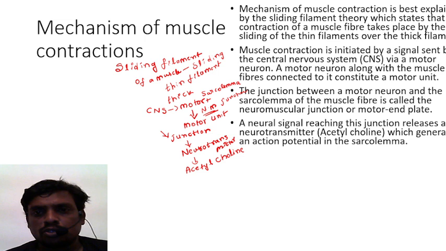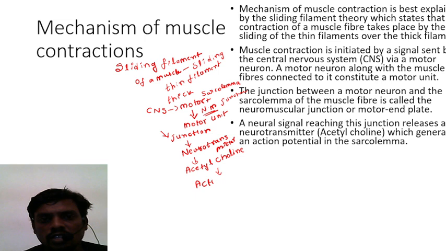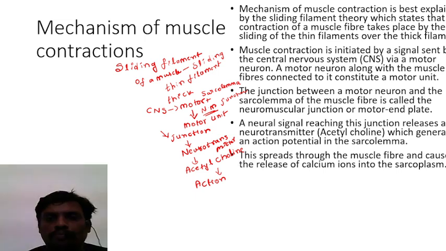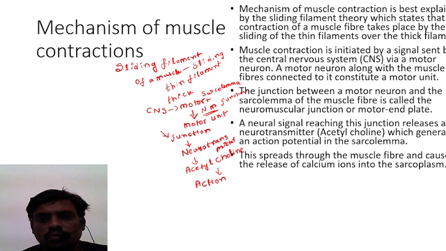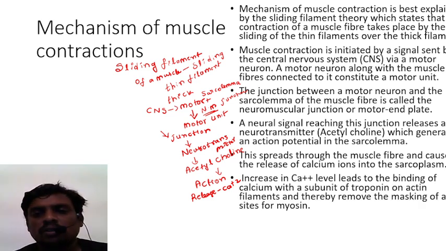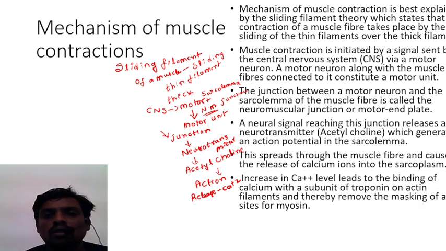This neurotransmitter generates an action potential in the sarcolemma. This spreads through the muscle fiber and causes a release of calcium ions. The calcium ions automatically release into the sarcoplasm. What is sarcoplasm? You know that the cytoplasm of the muscle fiber is called sarcoplasm.